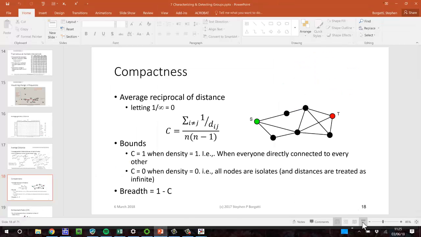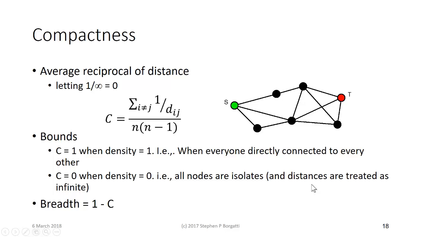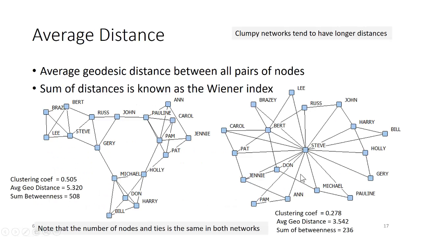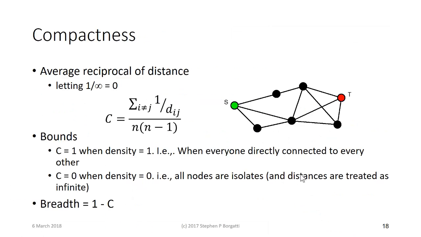Okay. Now, going back to here, I said that the average distance was a measure of compactness. It's true. Probably a better one is the average of the reciprocal distances, 1 over d_ij. For one thing, it means that the bigger the number, the more compact it is, as opposed to remembering that a big number is bad. The other thing is that when two nodes are completely in separate components and there's no path from one to the other, the distance between them could be regarded as infinite.